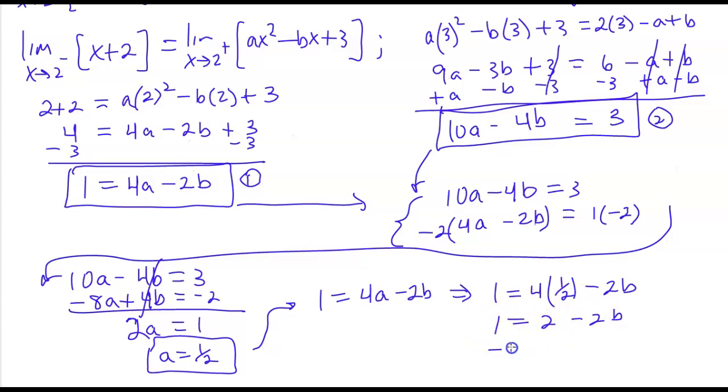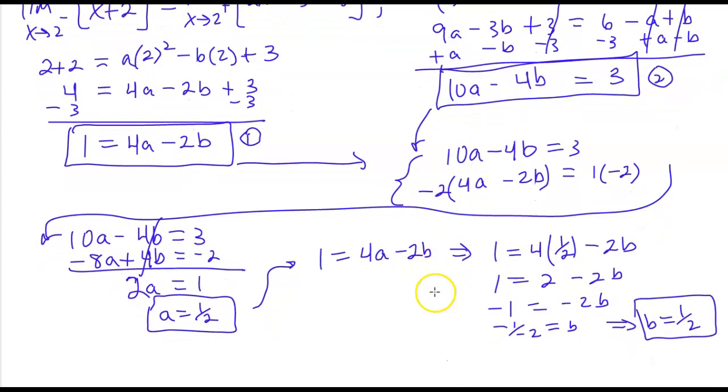And subtract 2 from both sides, you get a -1. And here you get -1 divided by -2 equals b. So that means b is also 1/2. And so thus the answer to our question, which is what are the values of a and b that make this particular function continuous everywhere, it will be when a and b are both equal to 1/2.